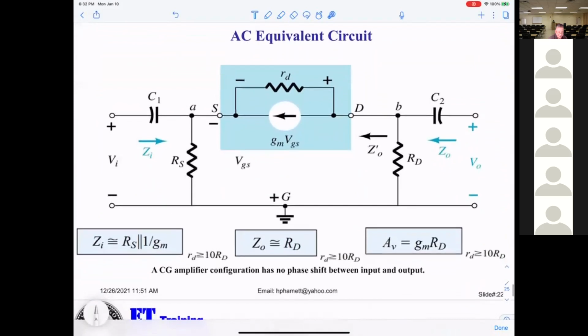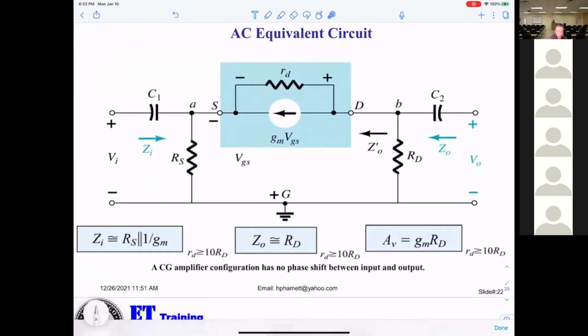And that AC equivalent. Okay. And G in will be equal RS parallel 1 over GM. G out, in this case, you get RD only.